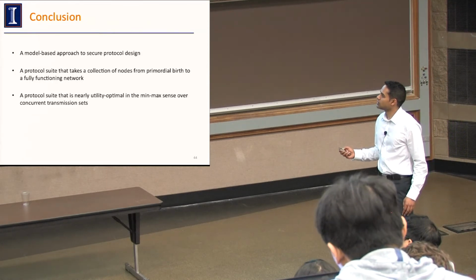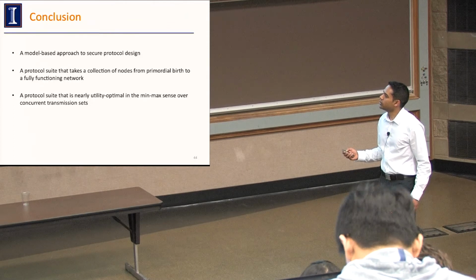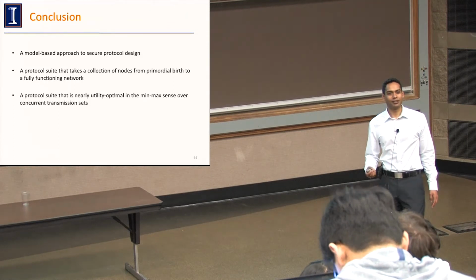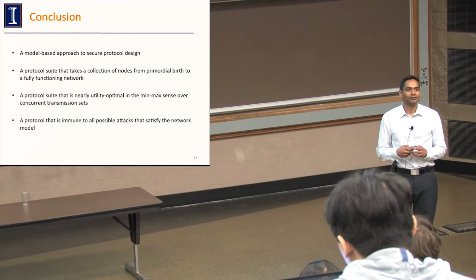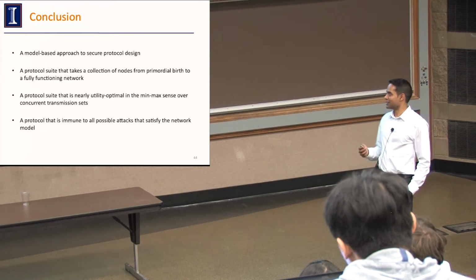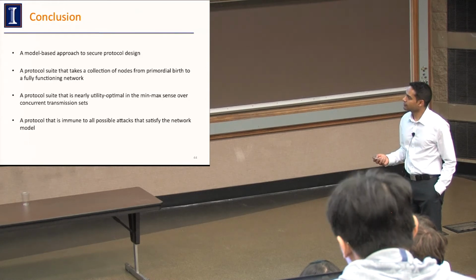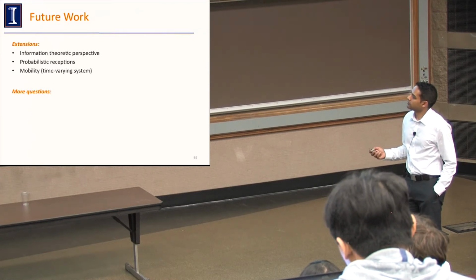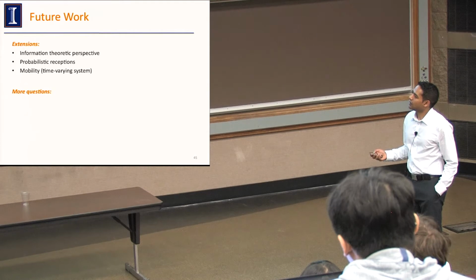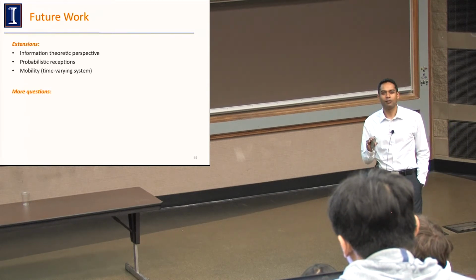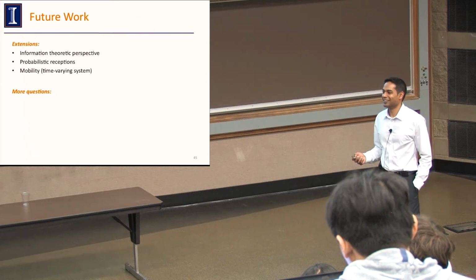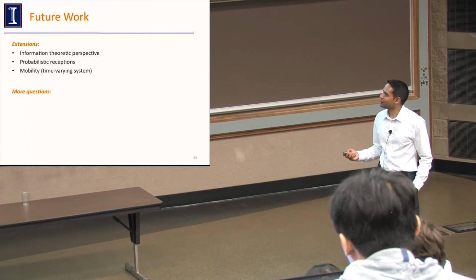So the problem, of course, is that we don't know what the information theoretic capacity region is. It's unknown, and it's unlikely to be characterized anytime soon. But I argue that this problem is not insurmountable. What do I mean by that?